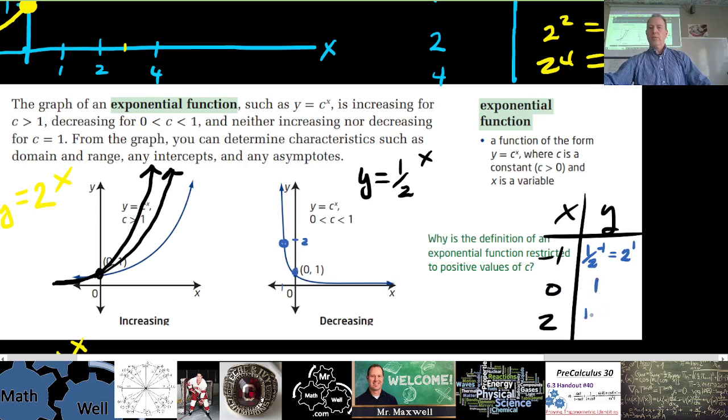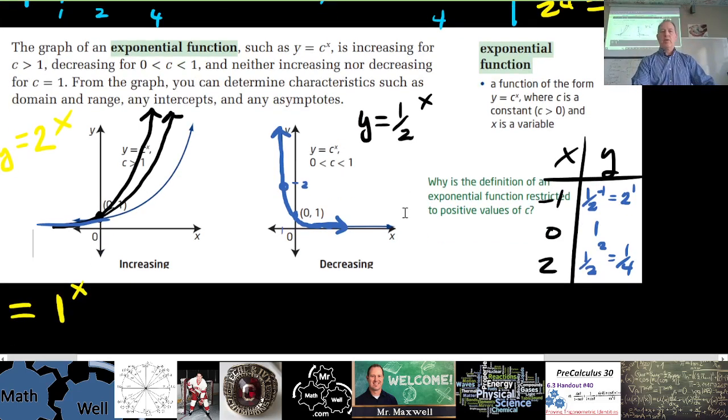And 2, this would be (1/2)^2, which would be 1/4. So we'd have 2, 1/4 over here. Therefore, the exponential function flips horizontally. Okay, it is decreasing in a similar fashion as it increased over here. But it just flips horizontally.